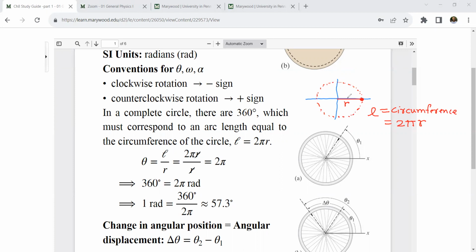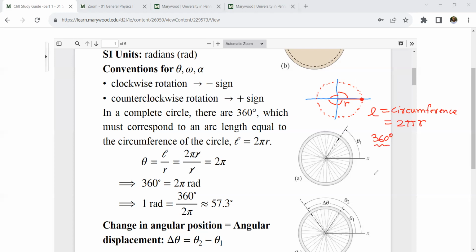And theta is what? You know that this is 90 degree, this is another 90 degree, another 90 degree, and another 90 degree. So when an object travels the whole circle, for one full turn, it travels 360 degree.